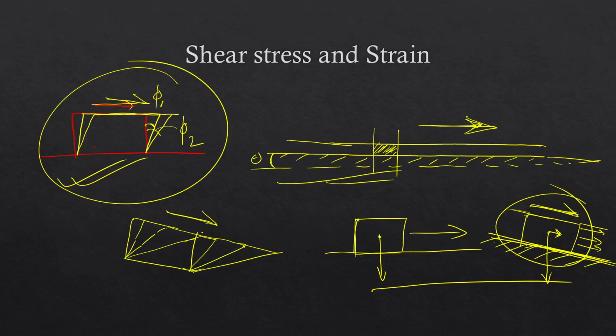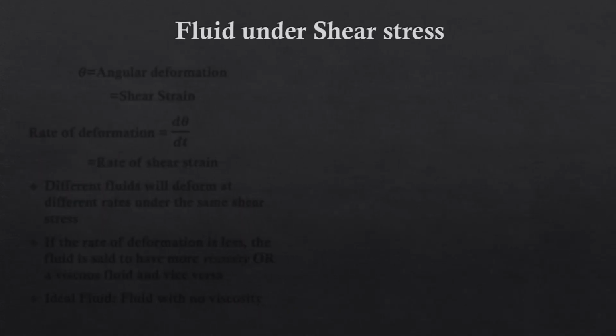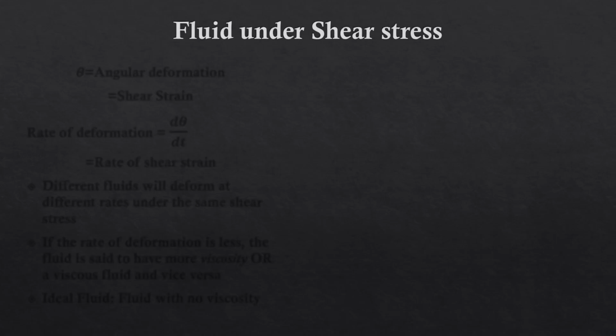So let's try to understand this in a mathematical way. The angular deformation under any shear stress will be called shear strain. But in case of fluid, as we have seen, the shear strain itself will not remain constant.